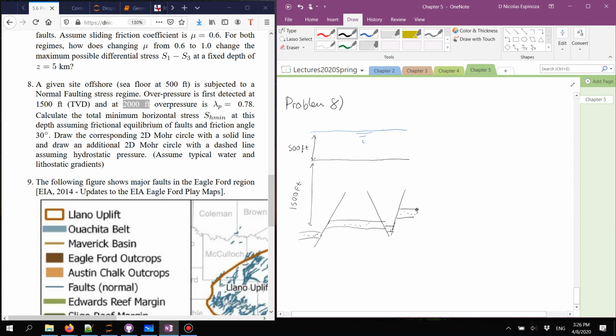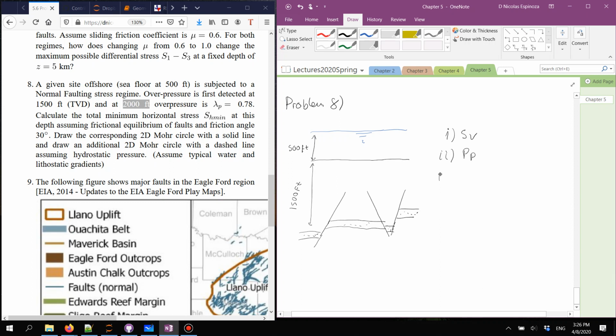And what you're going to have to do is use the same procedure that we have been using all the time. First, you calculate total vertical stress. Second, you calculate pore pressure.